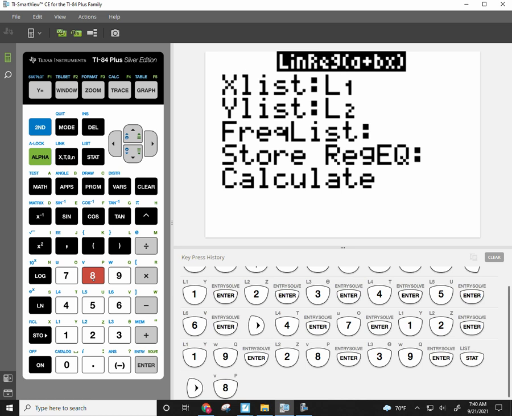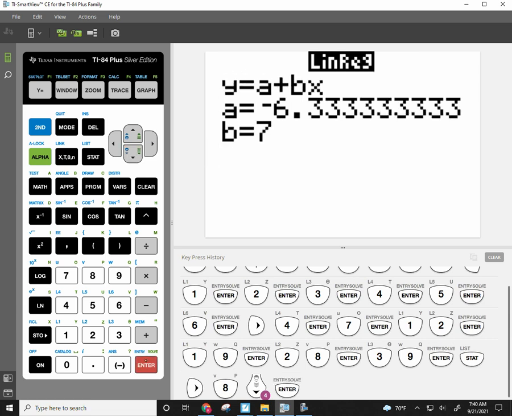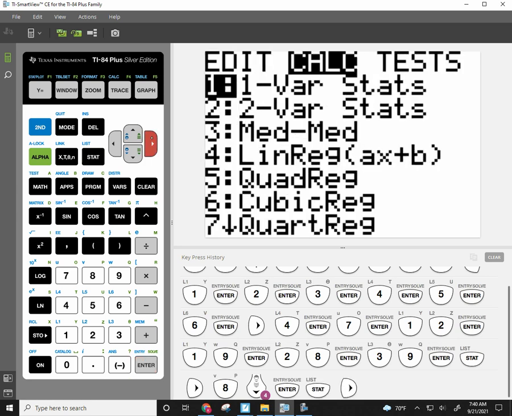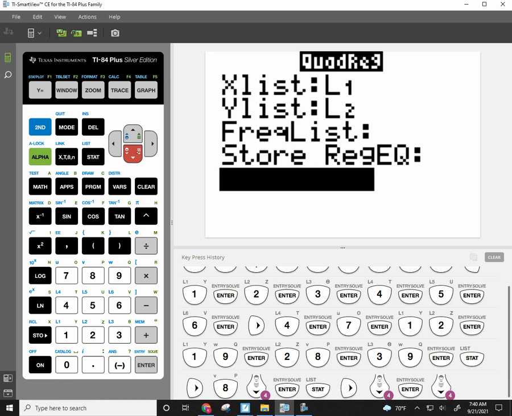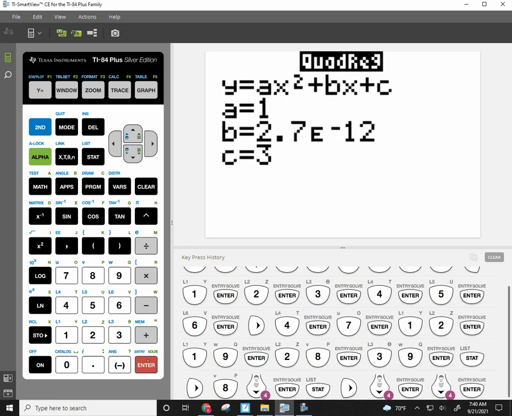So we just need to arrow down to calculate, or you can hit enter. Oh, I did linear. Sorry. Hit the wrong button. There we go. That looks better.